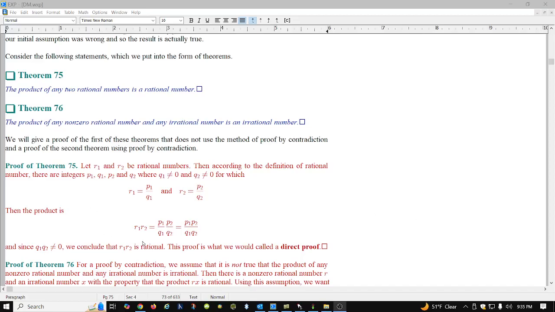Then the product is R1 R2, which can be simplified to this. And since Q1 times Q2 is non-zero, the numerator and denominator are integers. The product R1 R2 is rational. So we started with two rational numbers. We took their product and showed that that was also rational. That's a direct proof.